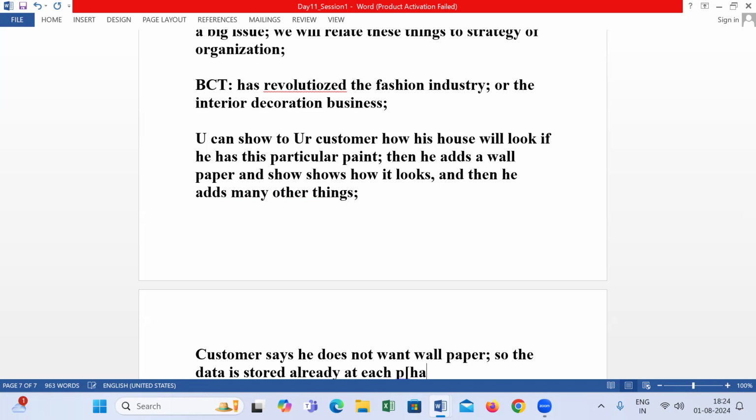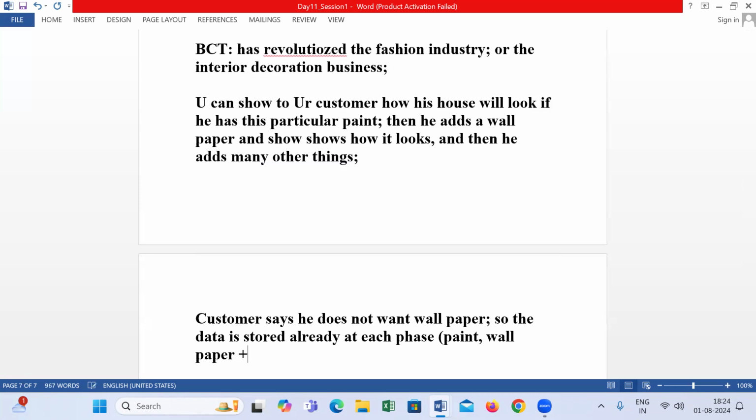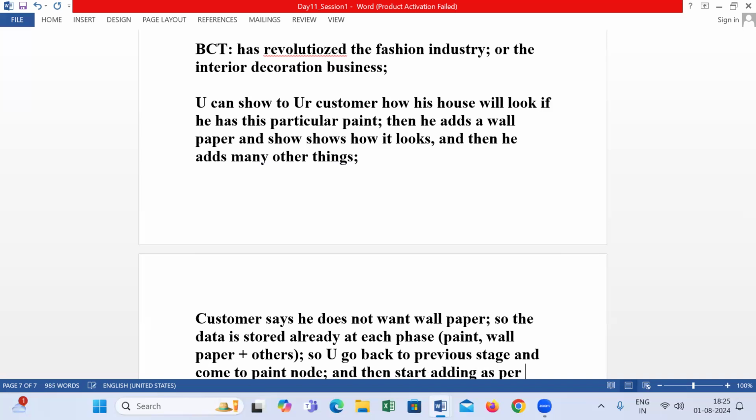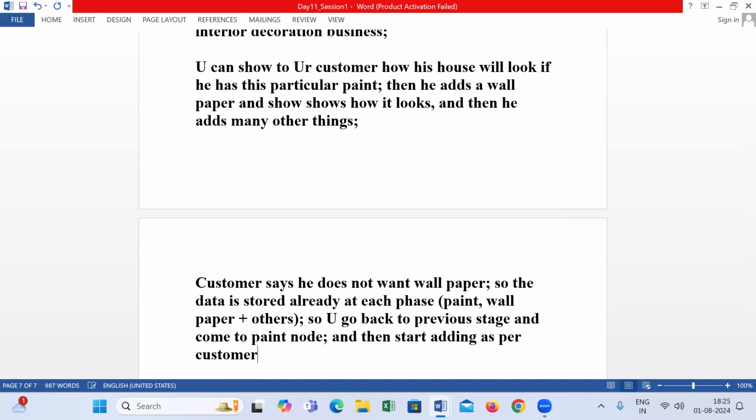Phases are paint, wallpaper, plus others. At every stage, data is stored. Okay, so you go back using pointers to the previous stage, and come to the paint node. Then start adding as per customer requirements.